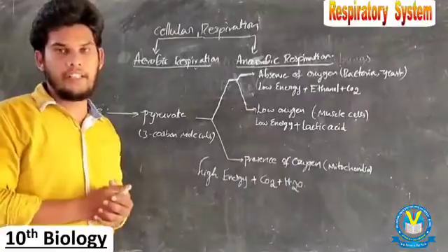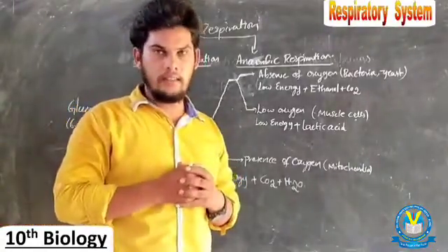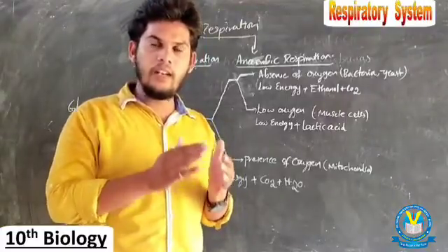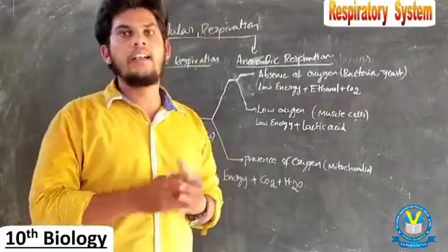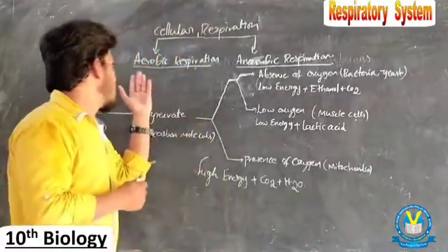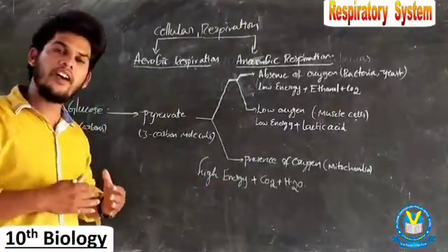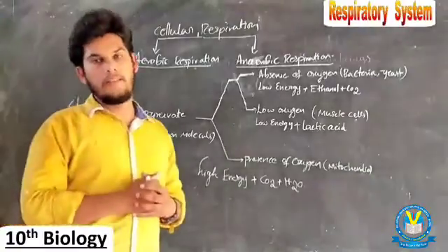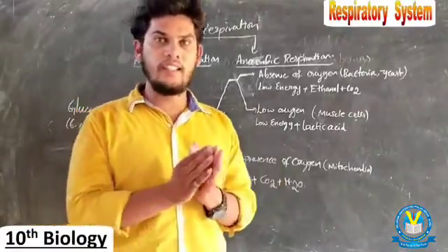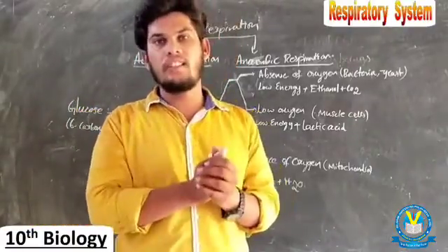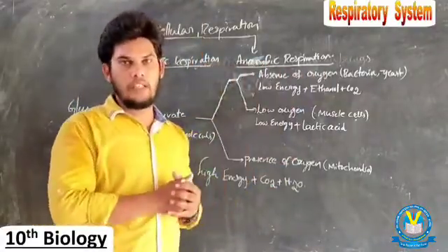If cellular respiration takes place in the presence of oxygen, that respiration is called aerobic respiration. If the respiration takes place without oxygen, meaning in the absence of oxygen, that respiration is called anaerobic respiration.